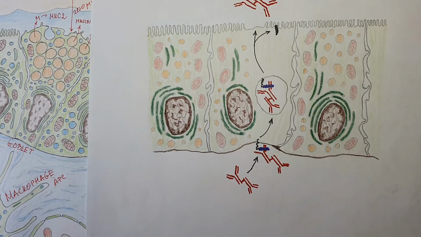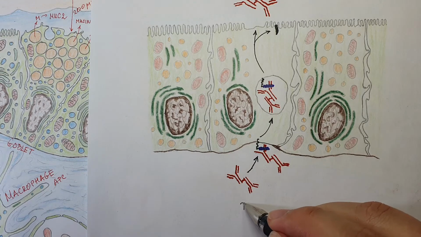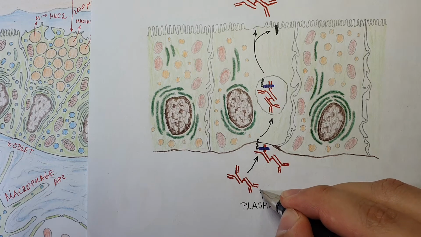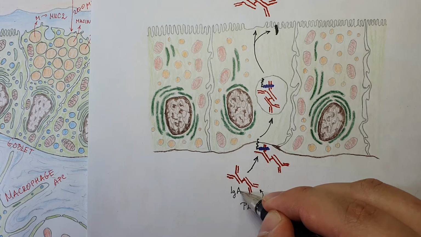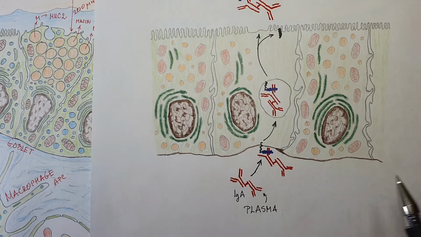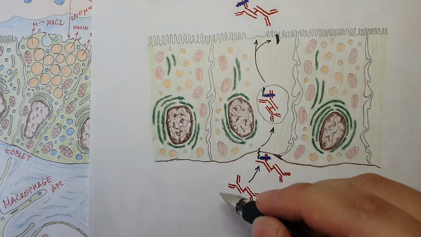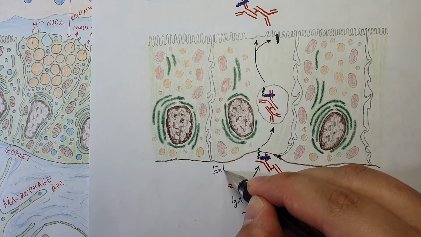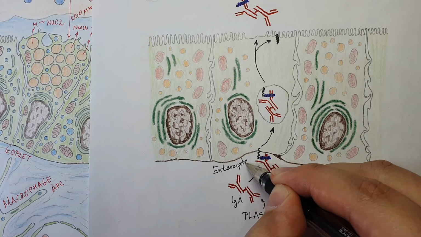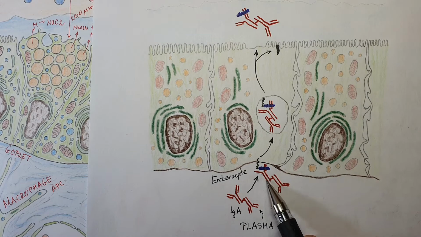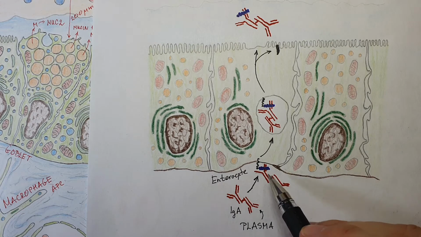If I insert this picture, we can appreciate that first our IgA has been produced. So we have the plasma cell that produces this molecule, IgA. This IgA is a dimeric molecule, with these two elements, and in order to get into the enterocyte, so this would be an enterocyte cell, these antibodies need to connect to this protein.